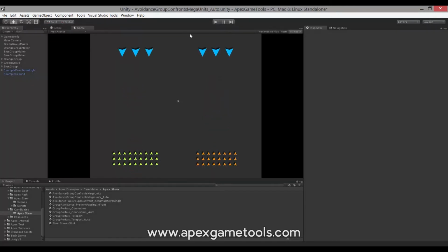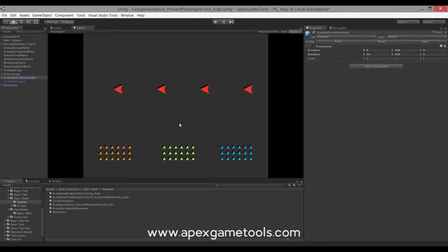Now finally let's have a look at prevent passing in front. So in this scene we have a row of red units with high determination, and then we have some smaller units at the bottom here that will try to move past these red units.